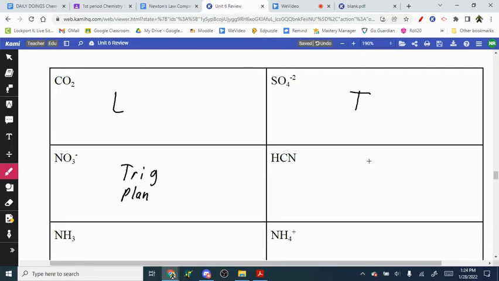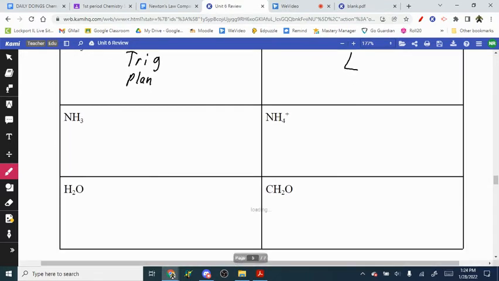Trigonal pyramidal also has those same initials, so that's why I wrote it out that time. HCN has 2 bonding domains and 0 non-bonding domains, so that's going to be linear. NH3 has 3 bonding domains and 1 non-bonding domain, so that's going to be trigonal pyramidal.